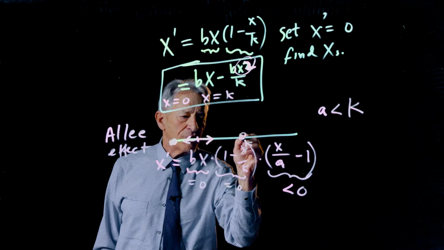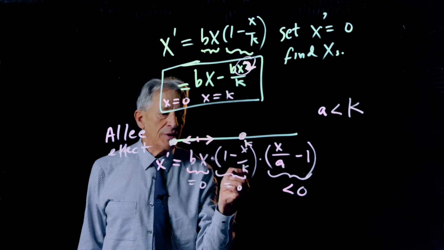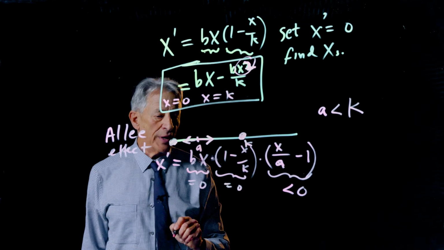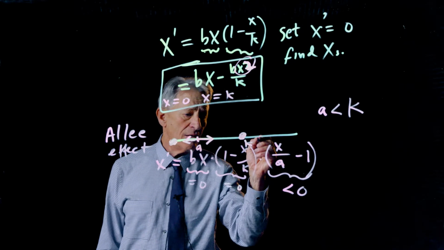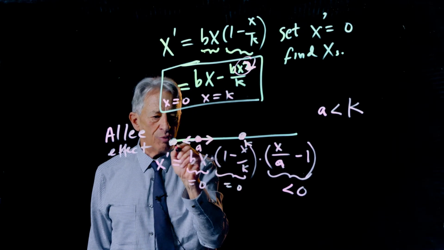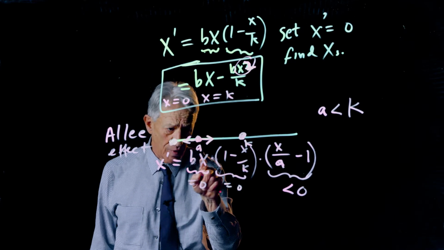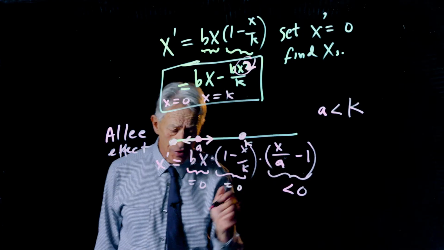And it's going to be 0 when x equals a. So we now have 3 equilibrium points, 0, a, and k, corresponding to the 3 terms.